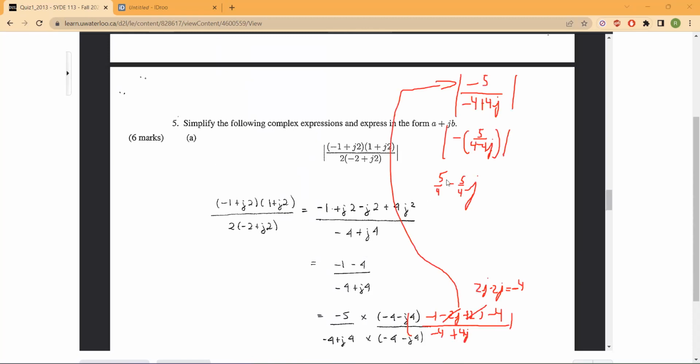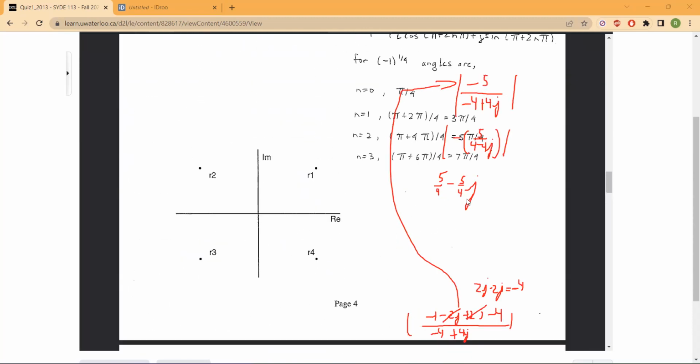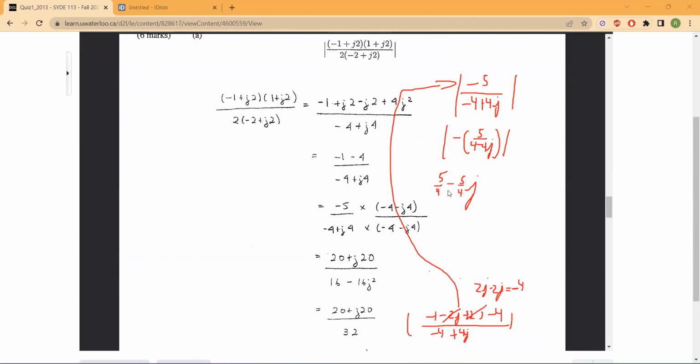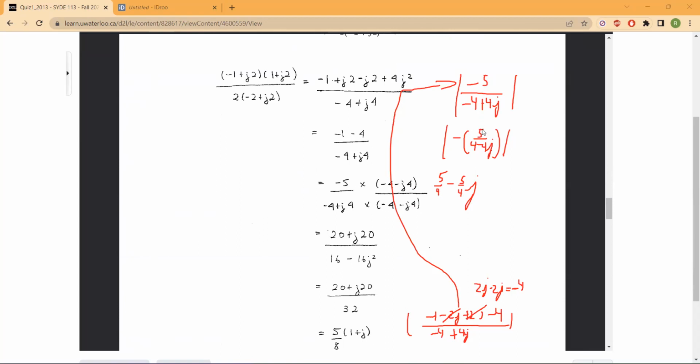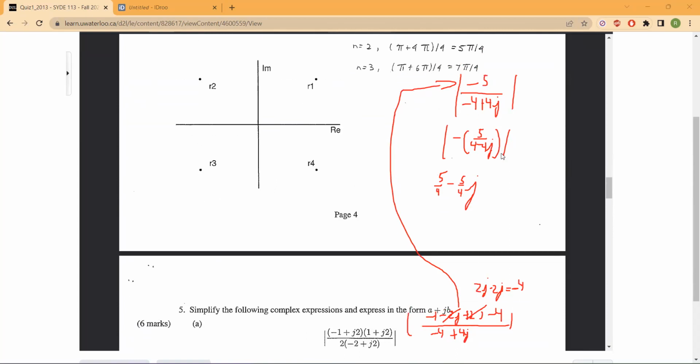Let me pull back up what I had. If I scroll up, there you go. If you noticed when I was scrolling past, we got to the same step, 5 over negative 4 plus 4j. But now, instead, we're going to take the conjugate just to simplify it. I'm just going to erase here.